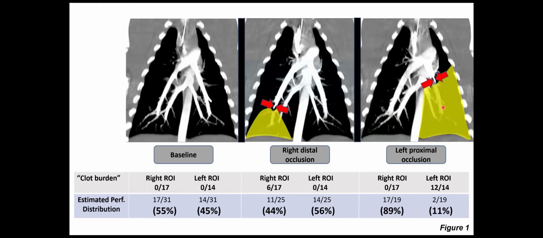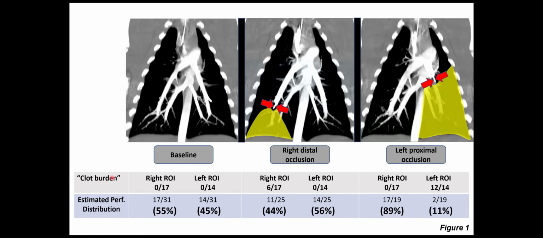And then we can compare the results of the EIT with another method of measuring the degree of occlusion or the degree of perfusion impairment, which is something used clinically by radiologists, which is the clot burden.